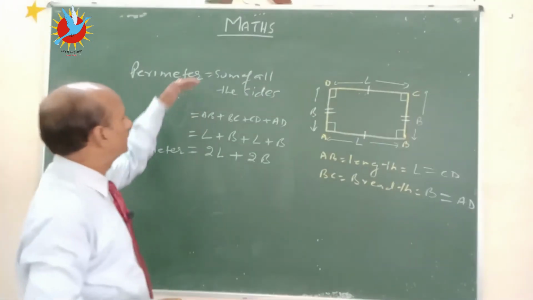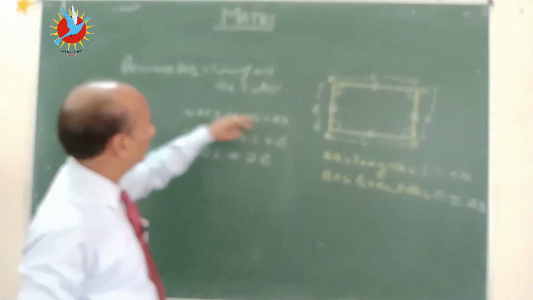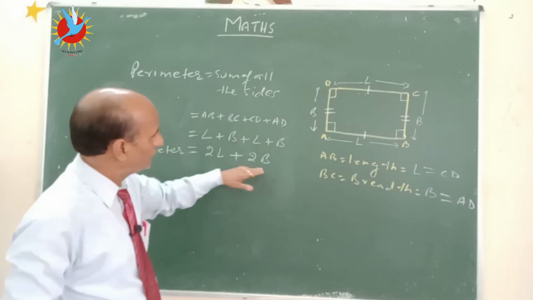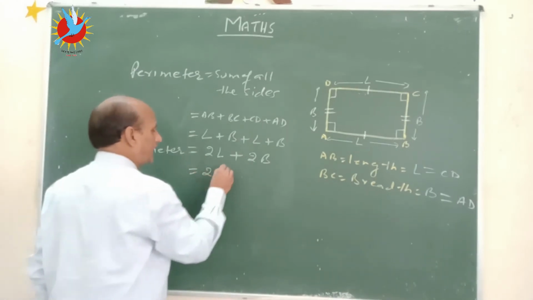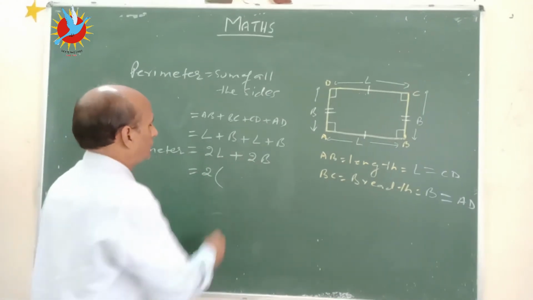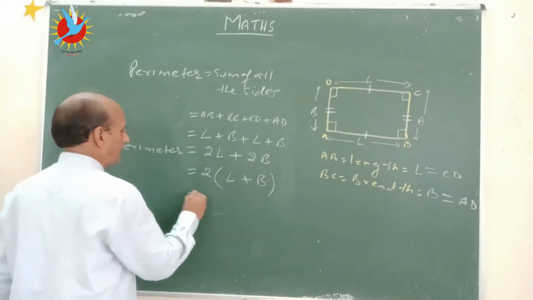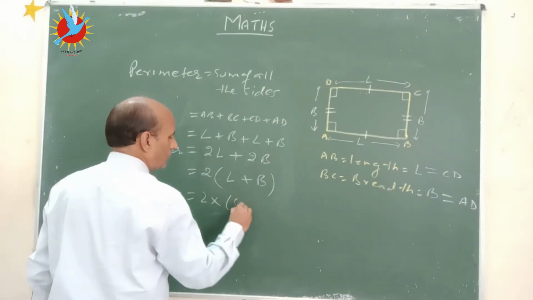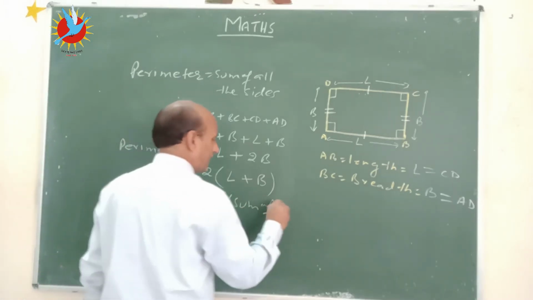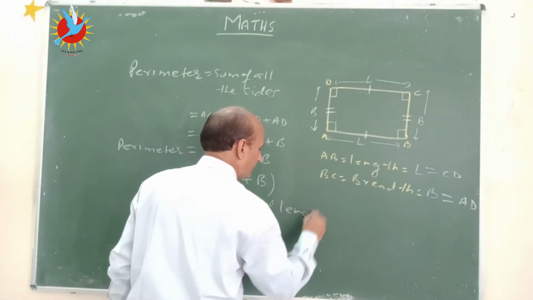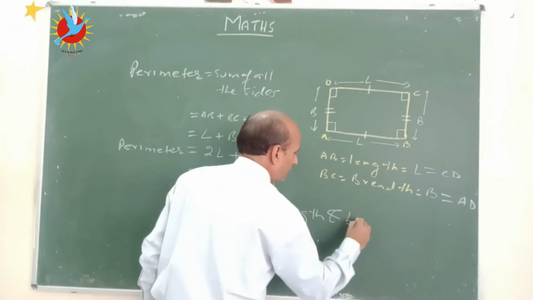you can use this concept, the sum of all the sides, or you can take 2 as common. So what we get is 2 times L plus B, that is twice the sum of length and breadth.